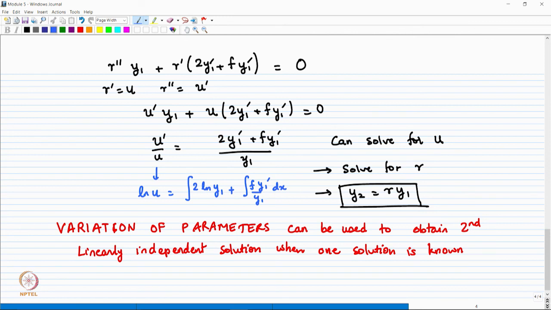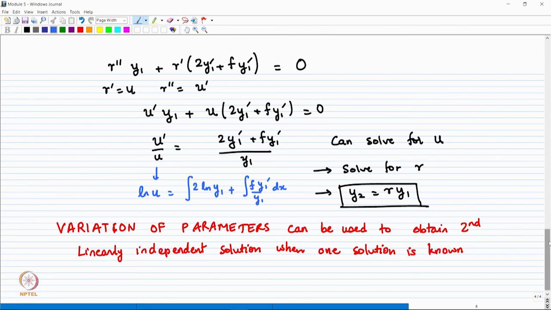So this is what this integral will look like. Now if you exponentiate everything, then you will get u equal to e to the y1 square and so on times this term. We will work out some of these examples and then see how this works in practice.